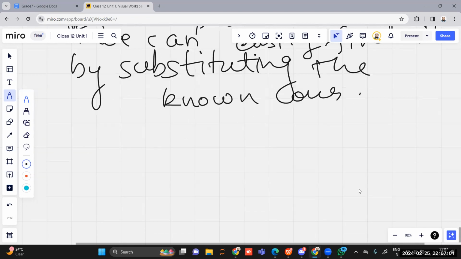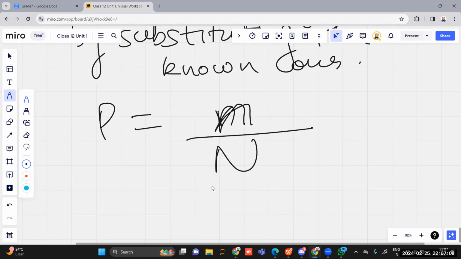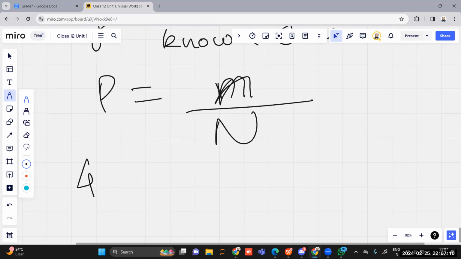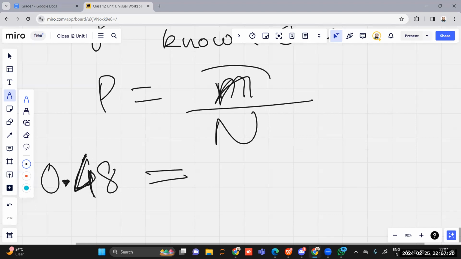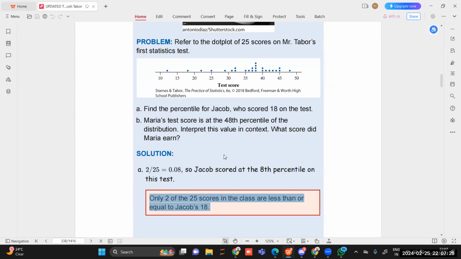So first, I'll write this again. P equals the number of data points below it upon the total number of data points. The percentile is 48, so it would be 0.48. Yes or no, Zaid? So we don't know small n, and big N is 25, as there were 25 scores.